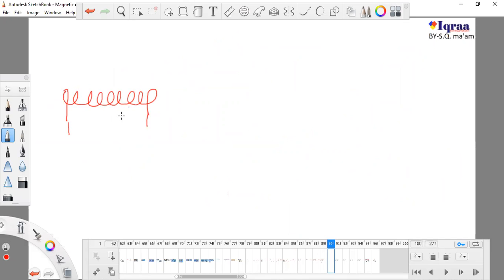So I just made this, a very simple thing. And this is a magnet now, an electromagnet. Now this is my magnet, and I can use this one.